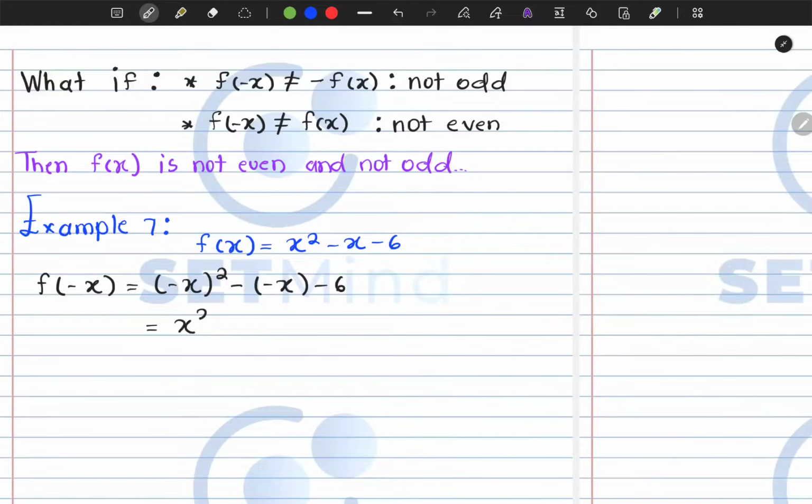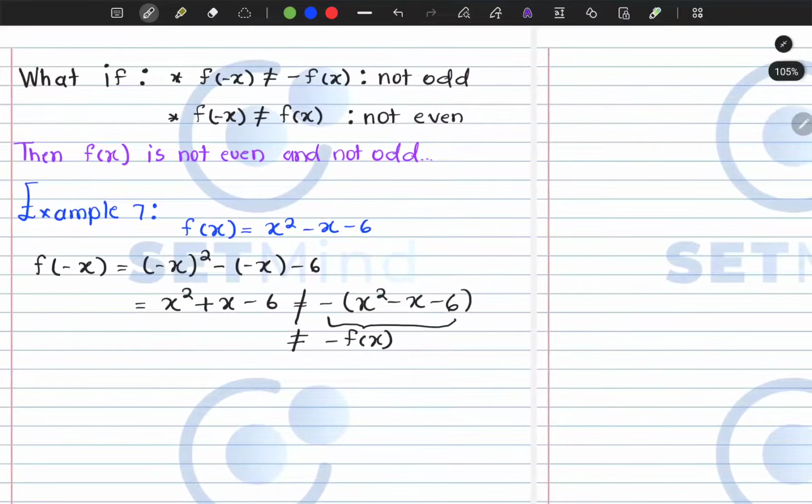So if you look carefully, we end up having x squared plus x minus 6. And if you observe carefully, this doesn't look like we multiplied the original function by a negative. So this is not equal. So meaning that what we have here is not equal to negative f of x.